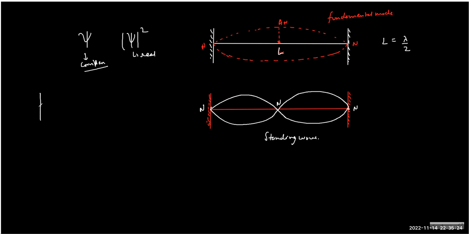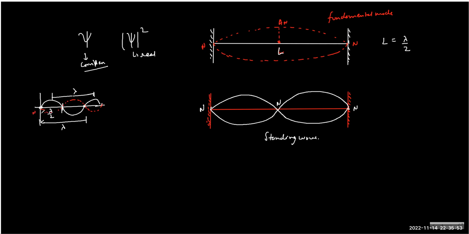You can also understand it this way. If you draw any single wave, from this point to this point is called lambda, isn't it? Crest to crest you call lambda. So from this point to this point we can call lambda by 2. If I repeat the same wave above and below, you can see this is the idea of a standing wave.